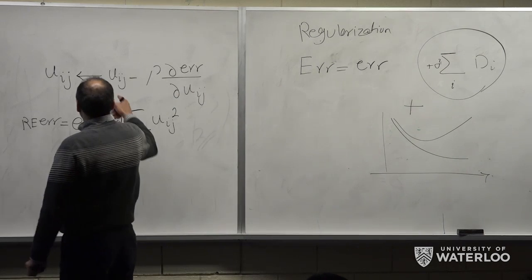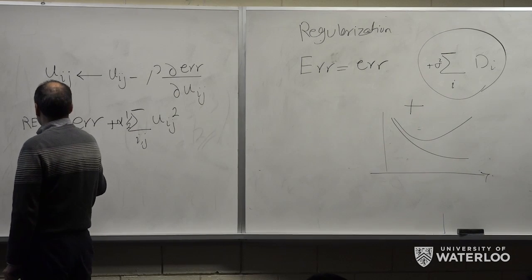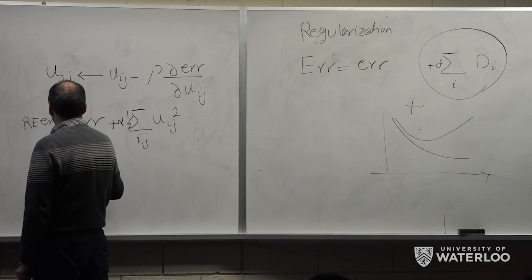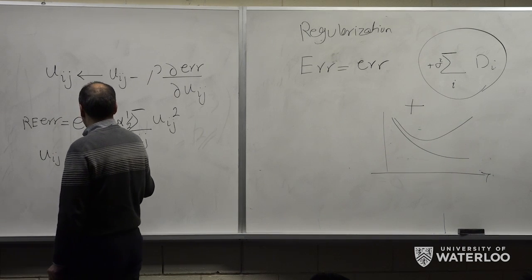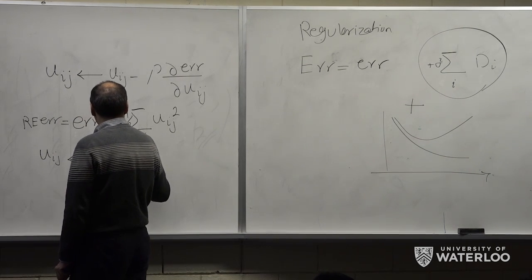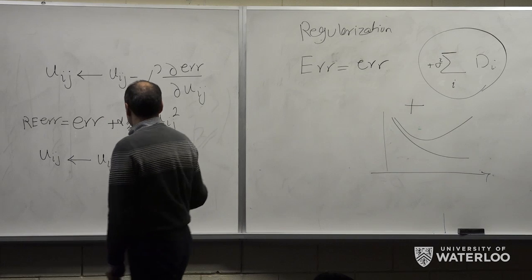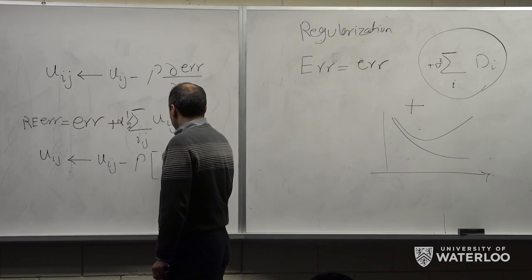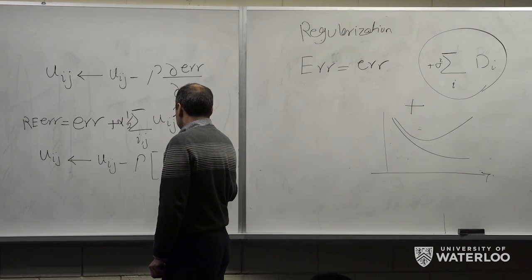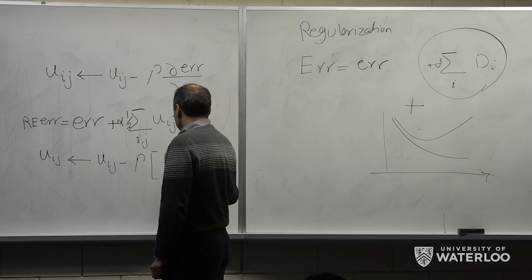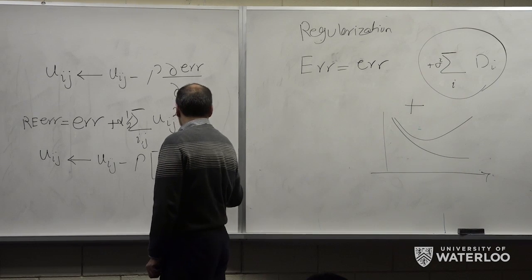So basically the update would be Uij minus rho times the derivative of the regularized error with respect to Uij.